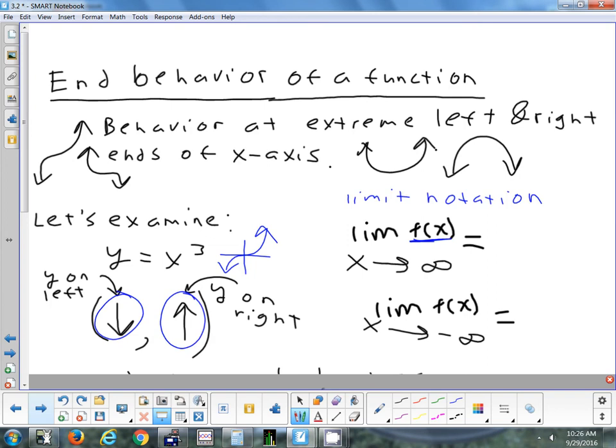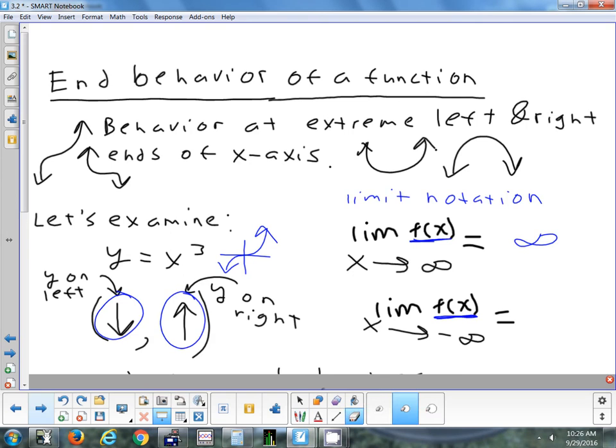What is y getting closer and closer to as x gets bigger and bigger? If you head further and further to the right, y is heading further and further towards infinity. Now what about what's happening to y as x heads further and further towards negative infinity? As I head more and more to the left, it's heading down towards negative infinity.